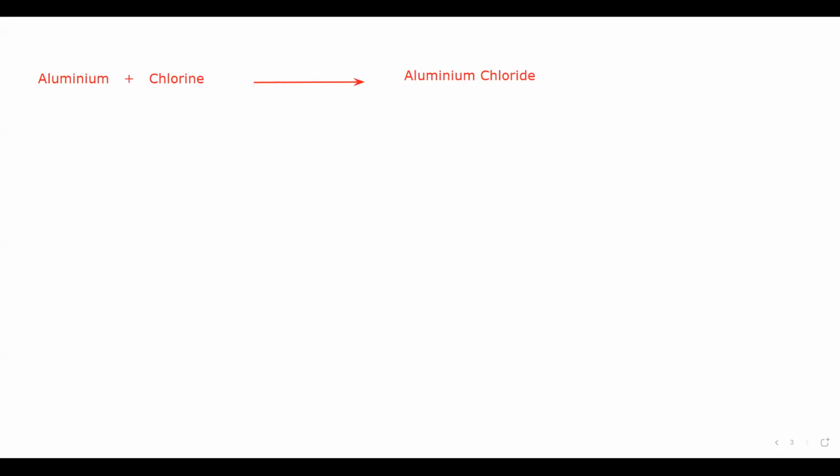When we check the periodic table, aluminium is a metal element and chlorine is a non-metal element, but aluminium chloride is a compound. So aluminium is a metal, that's why it will be Al, but chlorine is a non-metal element, so it will be Cl2. And this results in the formation of aluminium chloride. How do we write a formula for aluminium chloride?